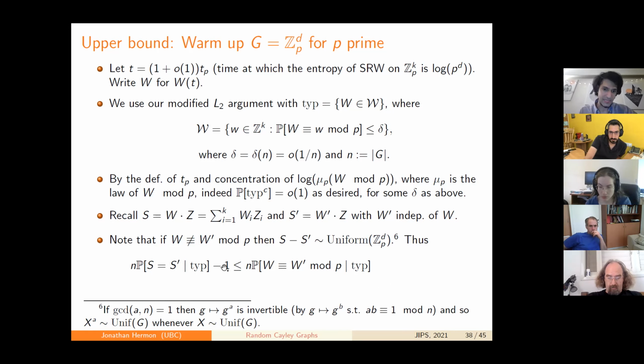We multiply by n, and this is cancelled with the minus 1. But we're good, because by definition of typicality, this probability is at most delta. And delta is little o of 1 over n. So we win. So this is little o of 1.